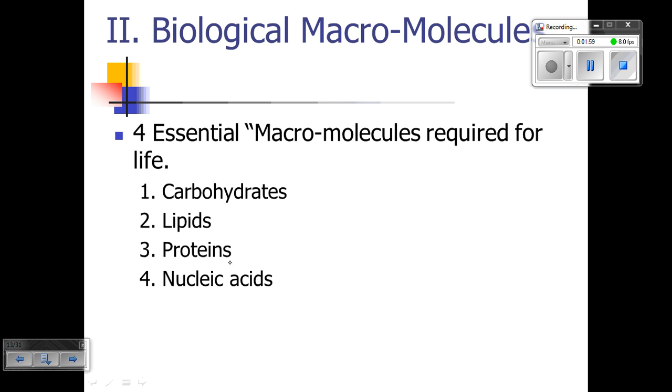Proteins, so for any of you guys that lift, or any of you athletes who need to replenish your protein stores so that you can build muscles. And then your nucleic acids, which are your hereditary material, such as DNA and RNA. We're going to be getting into that more later. But those are your 4 main classes of molecules, and we're going to look at each one of those in depth.